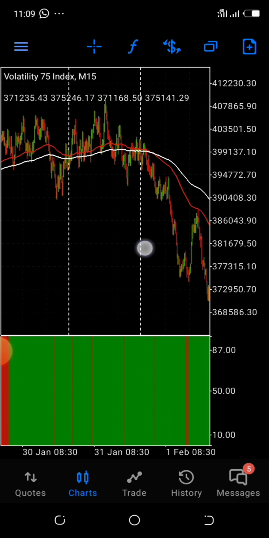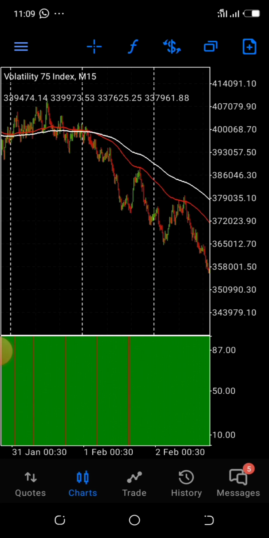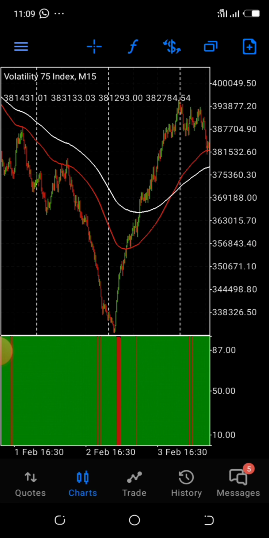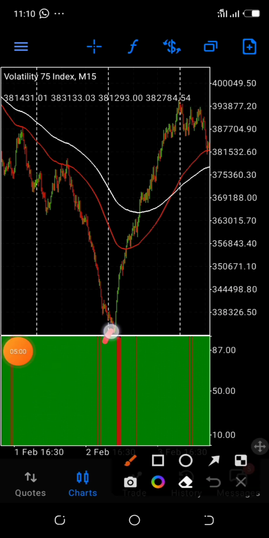When they cross downward, you will wait for the price to touch these white moving averages. Now, before the price touches the white moving averages, we have another indicator here that I've shown. So what are we going to do?